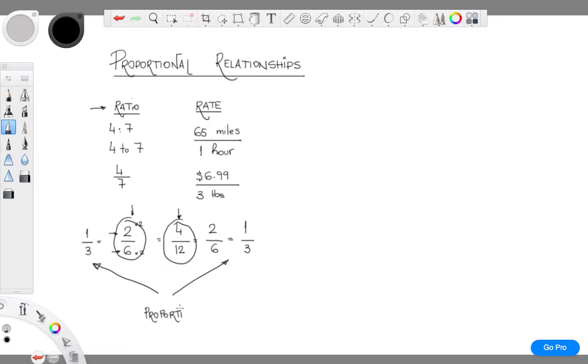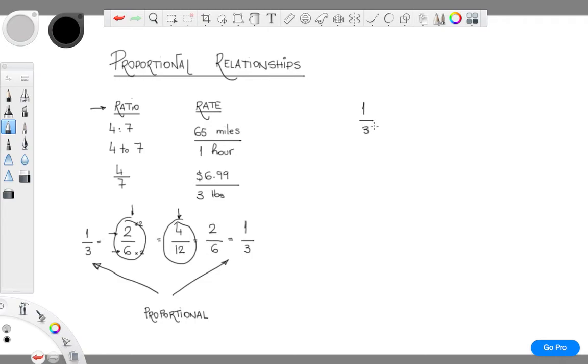Now, how could we get a proportional ratio from a given ratio? For example, we can just multiply both the numerator and denominator by the same number. Let's have this other example. Let's suppose that we have 1/3.